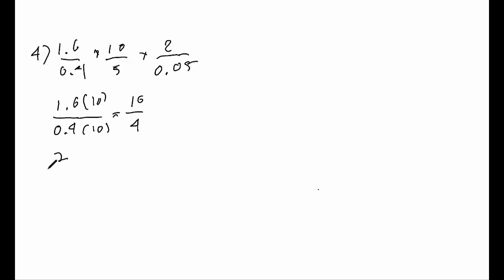We have 2 over 0.05. Now, whatever we do to the bottom, we have to do to the top. In this case, we have to multiply the bottom by 100 in order to get rid of that decimal, but we also must multiply the top by 100.